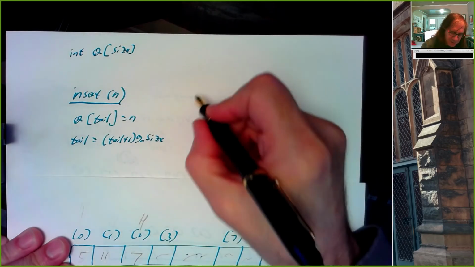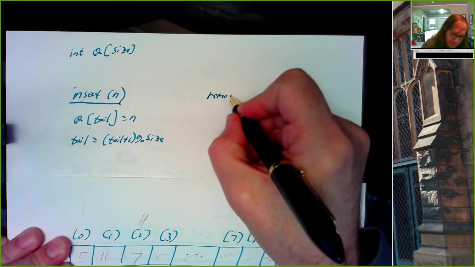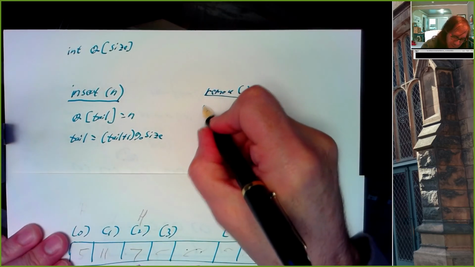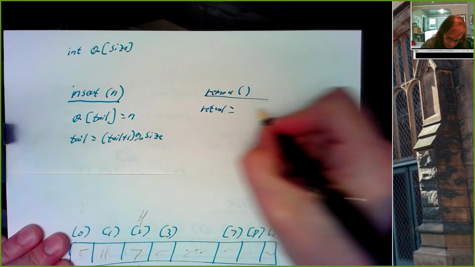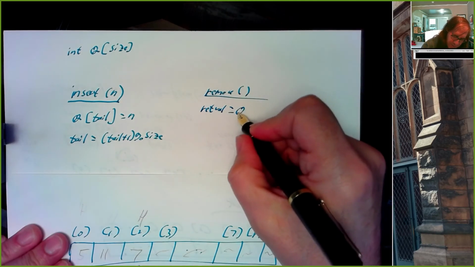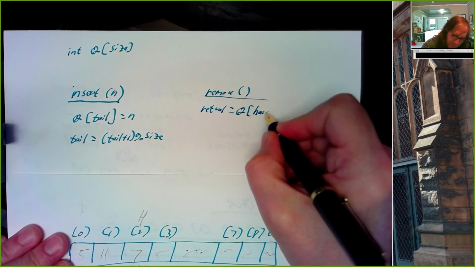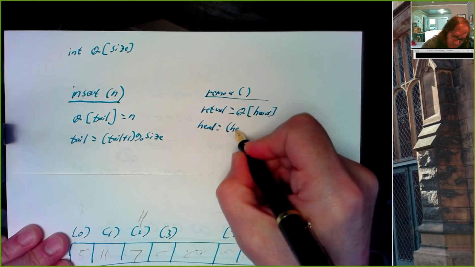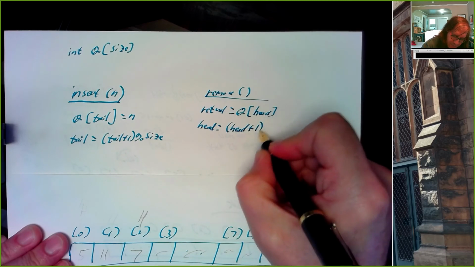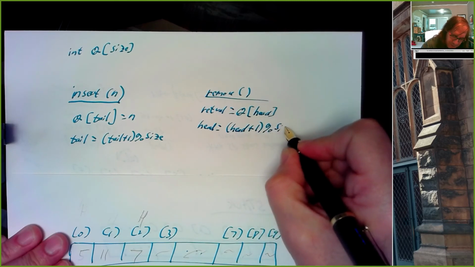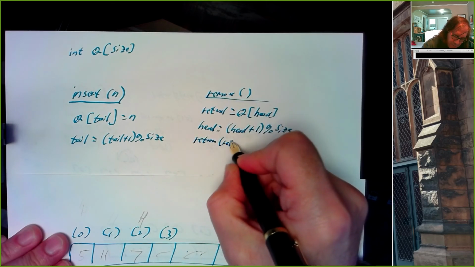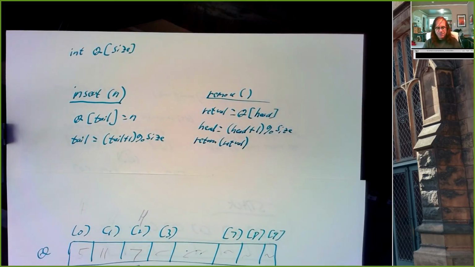So that's our insert. Our remove function will be something like this. Return value equals Q bracket head. And then move the head and roll it over. And return the value that we pulled out of the array.